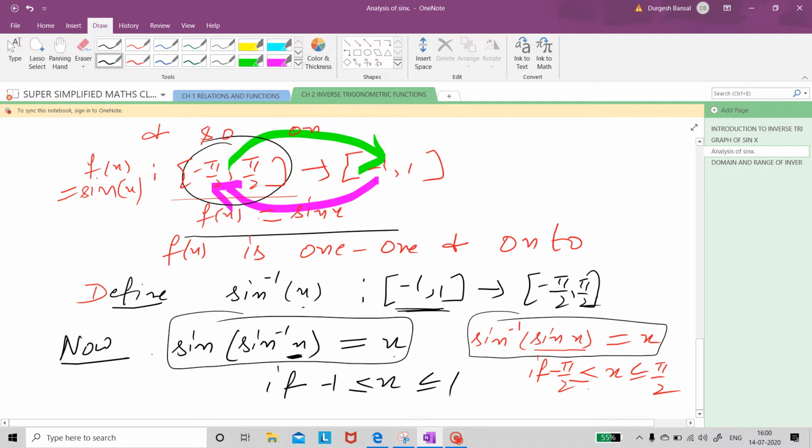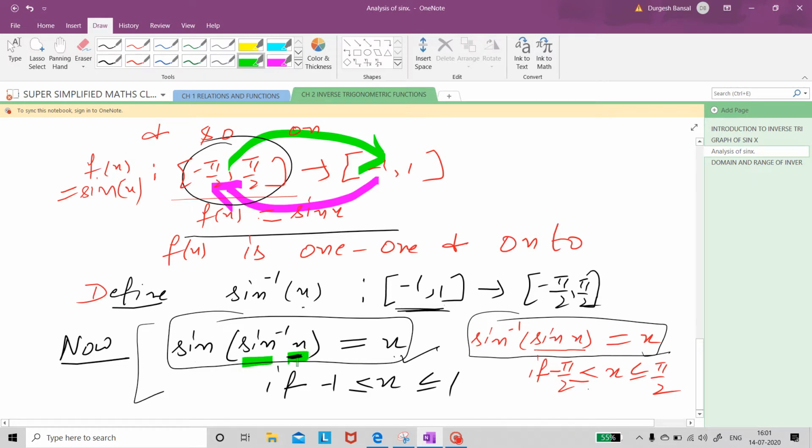And now there are two important rules. What are they? That sine of sine inverse x will be x, and sine inverse of sine x will also be x, but they are not the same. There are different conditions upon x which are to be followed for this and for this. Now you can see here that on x, the sine inverse function is working.